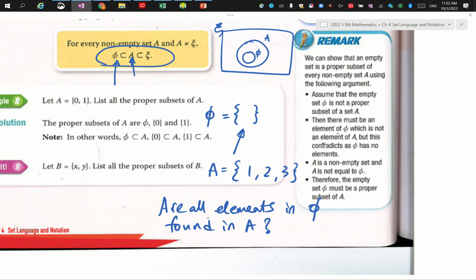If you need some time to process this, if you process it properly, it will stick with you. If you cannot, and you really want to give up already, then you just need to memorize one thing. The empty set is a proper subset of any other set. If you cannot take it in, just memorize, take the easy way out. The memory work is that the empty set is a proper subset of A.